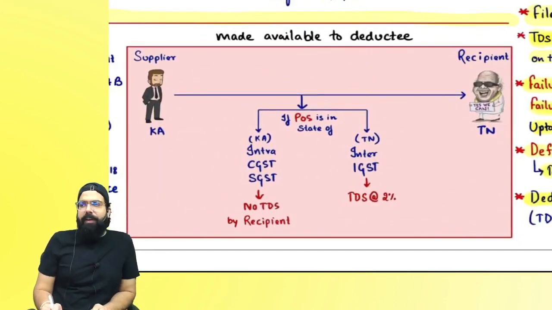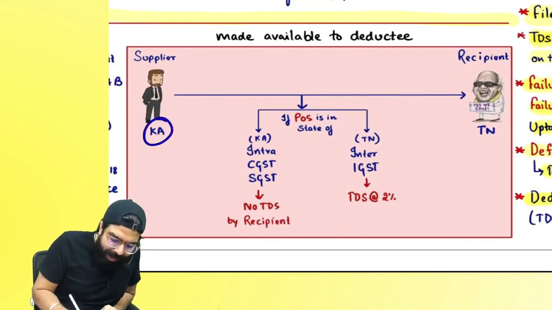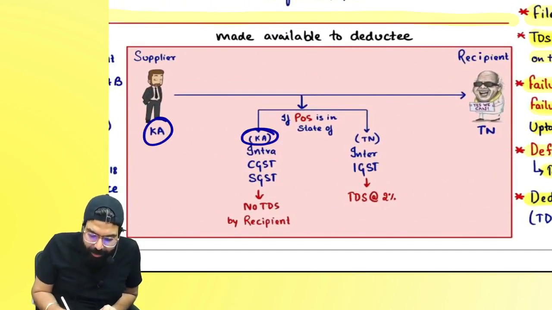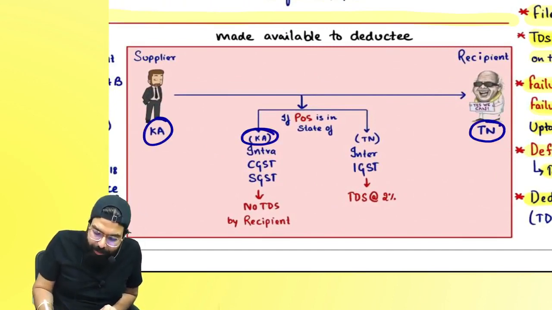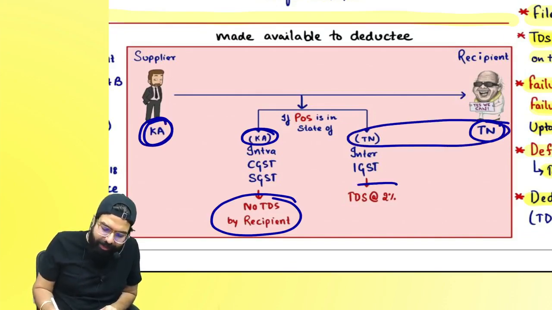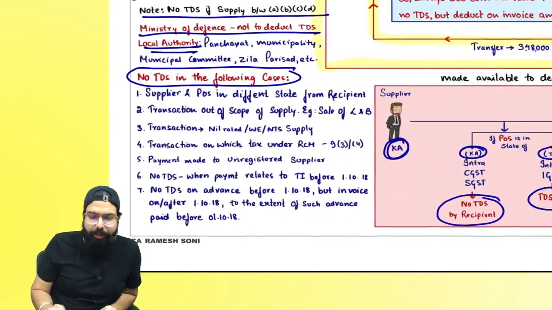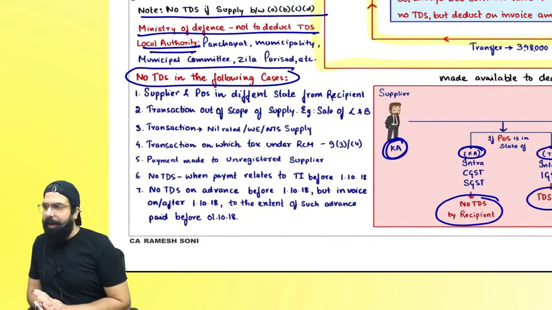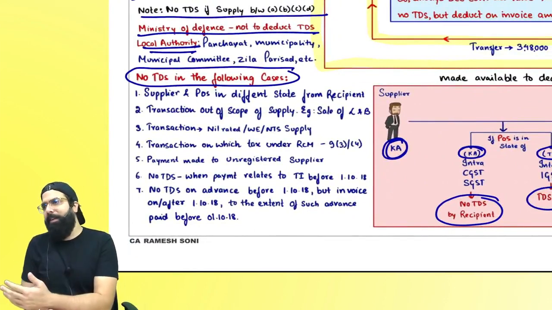What is the scenario when TDS will not be there? If the supplier and place of supply are in the same state and the recipient is in another state, in that scenario TDS is not required. If the supplier is in one state, and the place of supply and recipient are in another state, then TDS will be deducted: IGST will be charged and IGST TDS will be deducted. Same state: CGST, SGST will be charged.